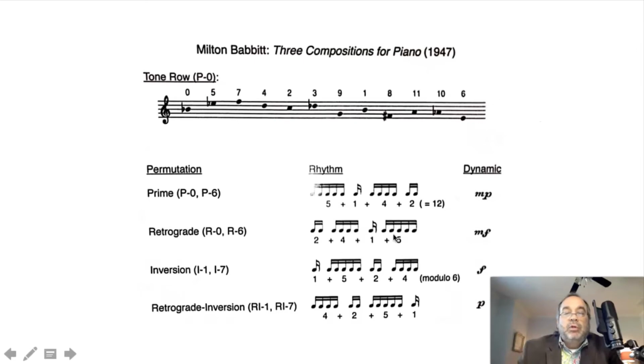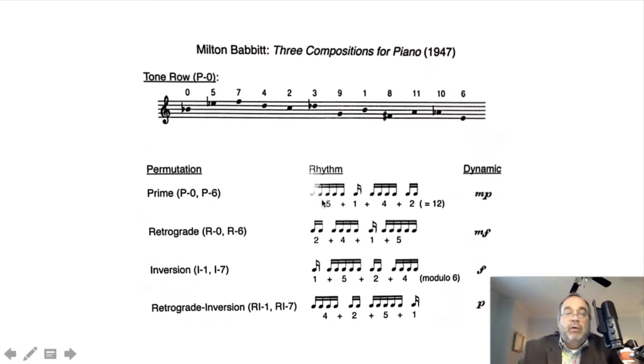Okay, this chart shows the prime form of the pitch row along with the rhythmic serialization that Babbitt is going to apply. The prime form of each pitch row, and there are 2 in this piece, P0 and P6, is going to be accompanied by the prime form of the serialization of the rhythm.